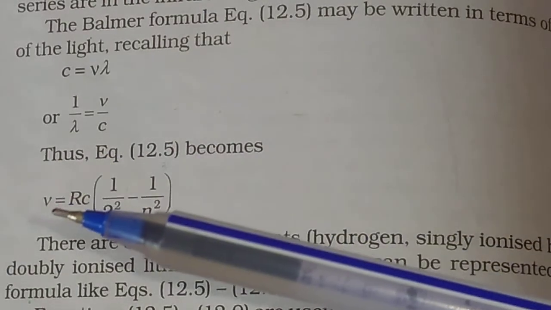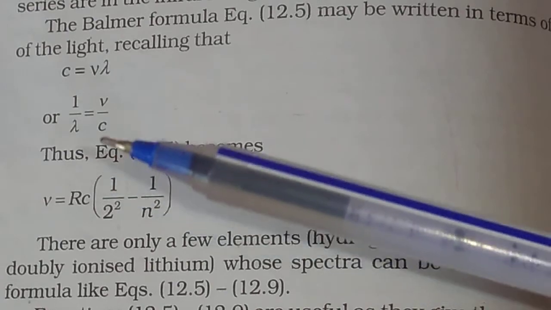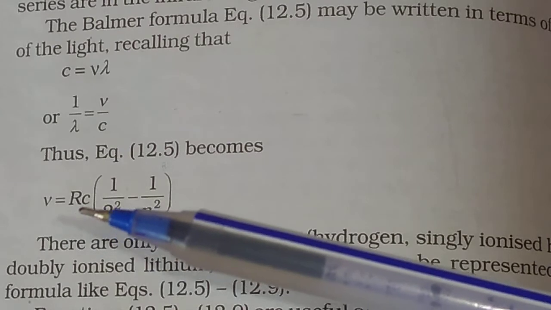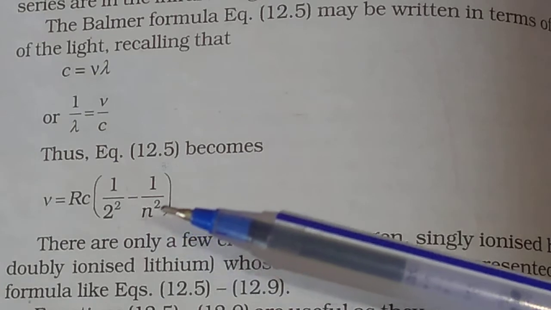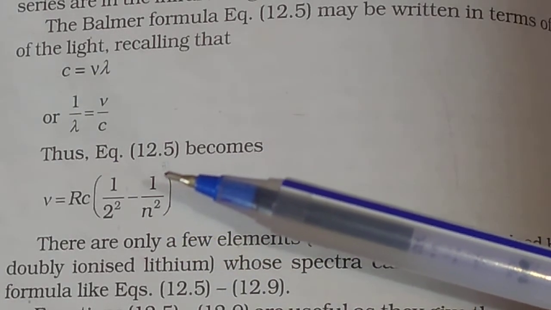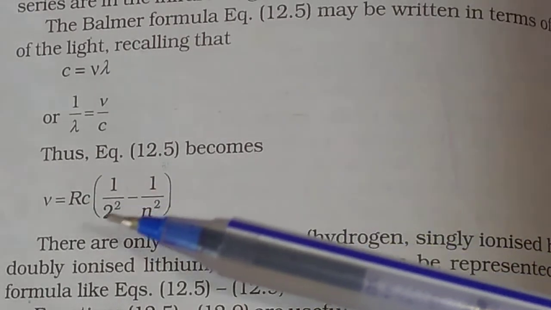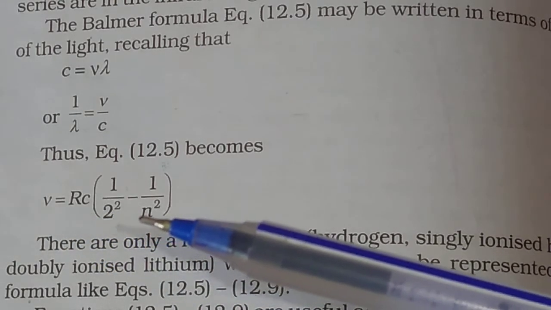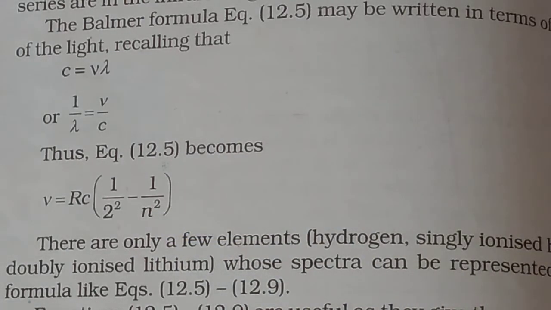If you replace 1 by lambda by nu by c, then the formula becomes nu equal to Rc into 1 by 2 square minus 1 by n square. So you have to remember the Balmer formula either in terms of wavelength, 1 by lambda equal to R into 1 by 2 square minus 1 by n square, or in terms of frequency, nu equal to Rc into 1 by 2 square minus 1 by n square.